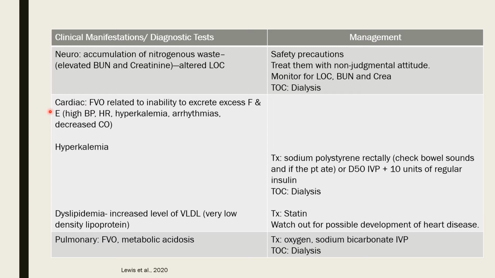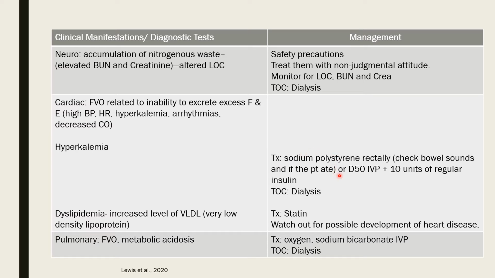You want to make sure that they go on dialysis religiously, so that they are not accumulating so much fluid. When it comes to potassium, dialysis will help, but we can also give them medications like the ones listed here.